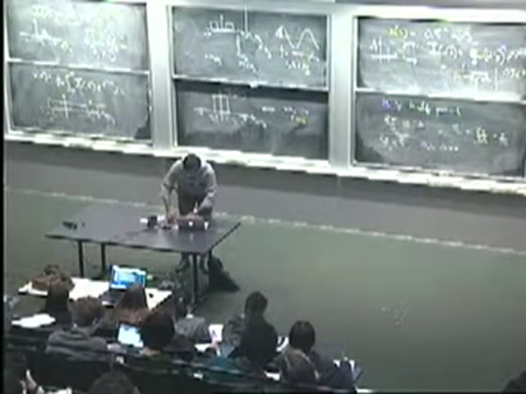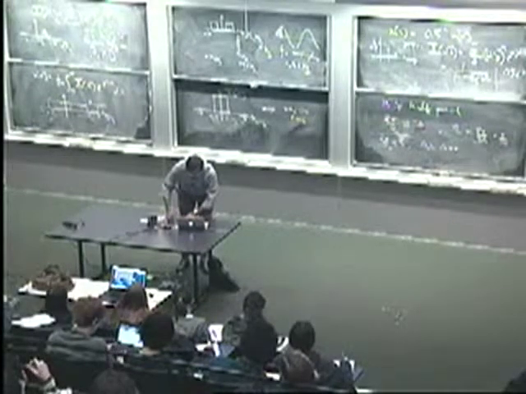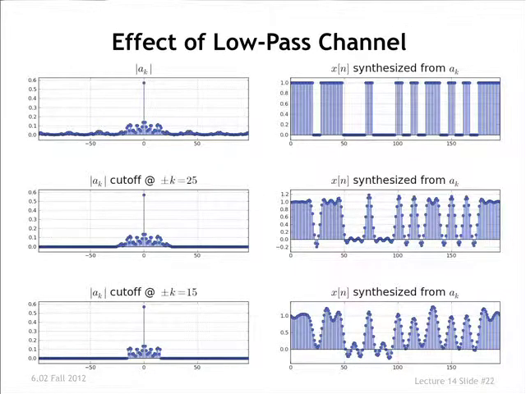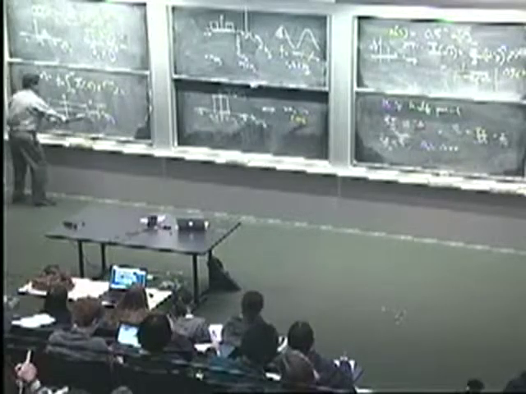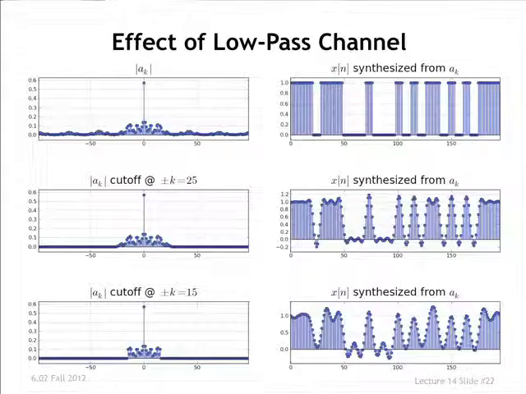Let me go past this and actually show you what happens when you start to distort what goes across. Here, in this succession of experiments, we're sending that same signal through a channel with successively smaller bandwidth.